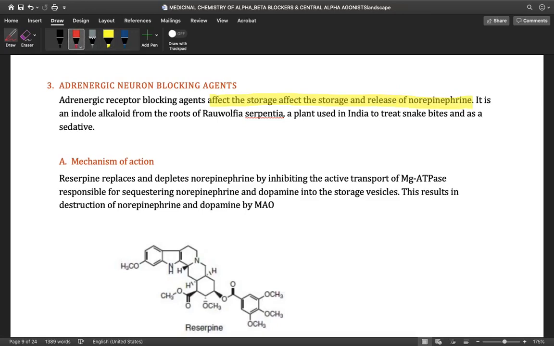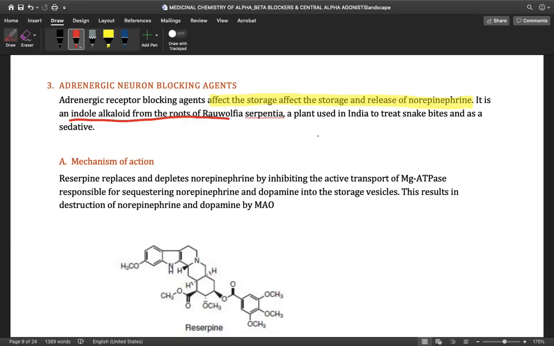Originally, the drug reserpine is derived from an indole alkaloid from the roots of Rauwolfia serpentina. It's a plant used in India to treat snake bites and as a sedative.